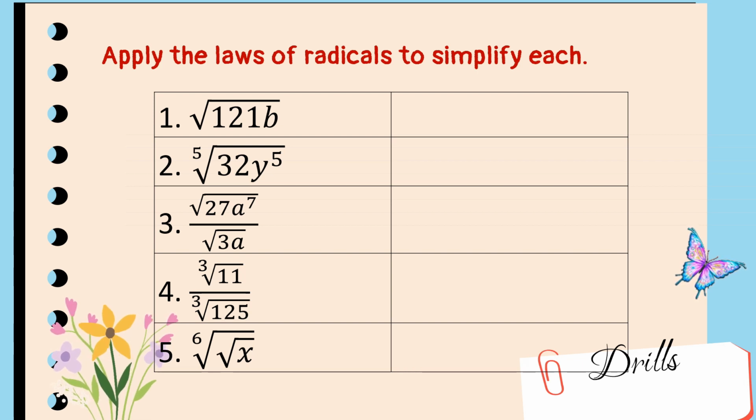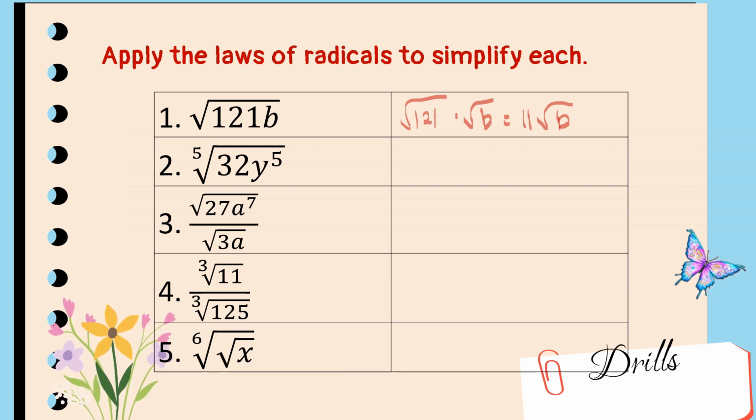Is your answer the square root of 121 times the square root of b? Or the square root of 121 is 11, so 11 square root of b? Is your answer 11 square root of b? Yes, if it is, then you are correct.